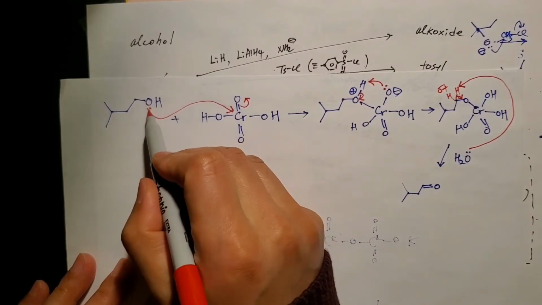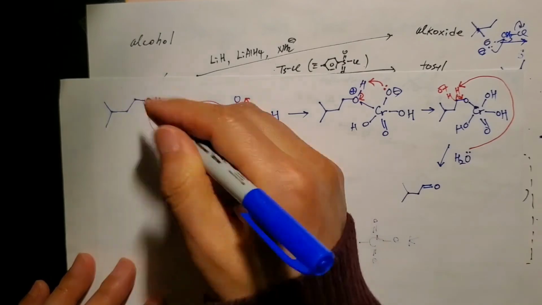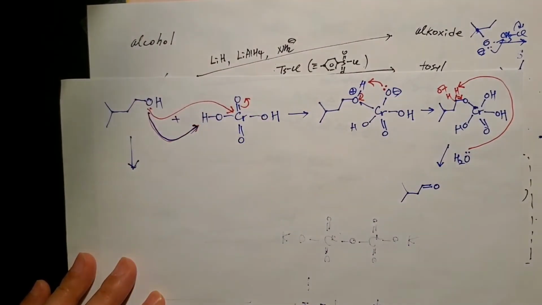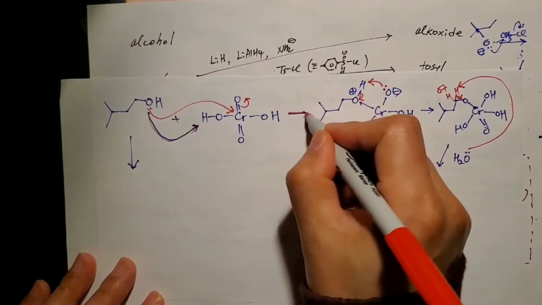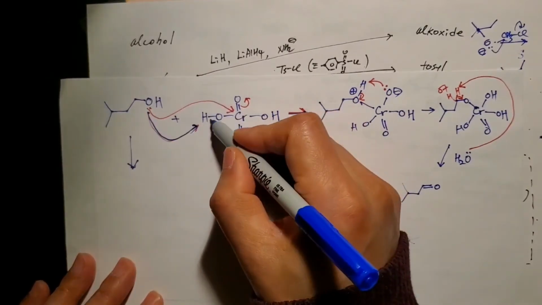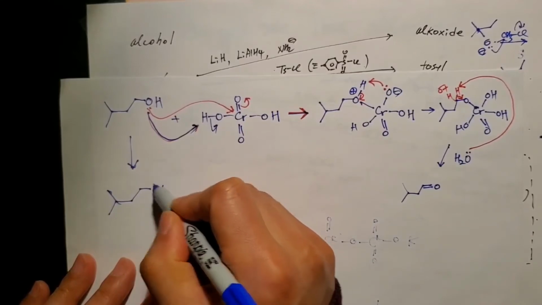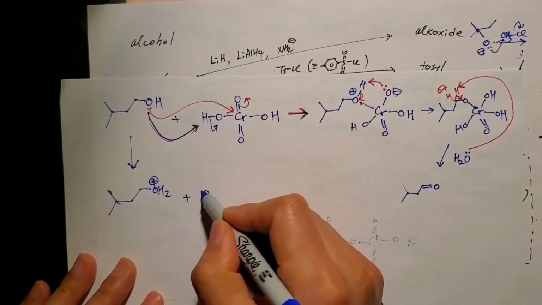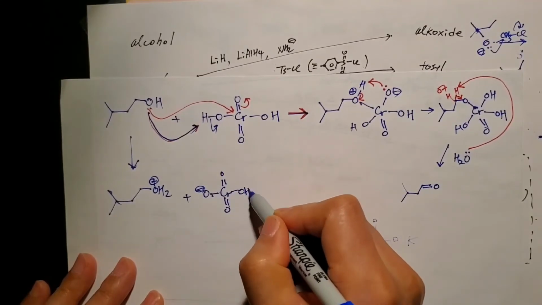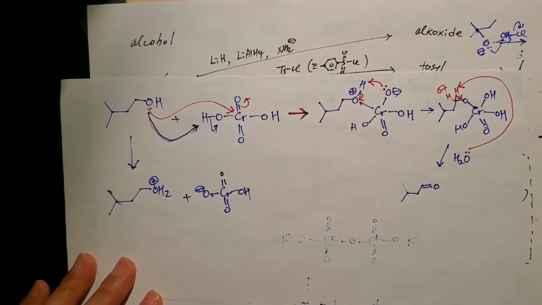What if this base attacks the hydrogen then? Okay, let me use the blue arrow. So you know this is a blue arrow. This is a red arrow. So if you do that, you are breaking this off and you are making a good leaving group with this conjugate base formed. By the way, you know the hybridization of the chromium here, right? We talked about that.